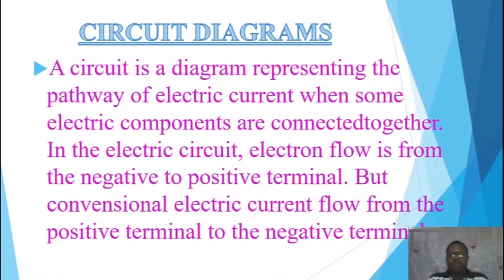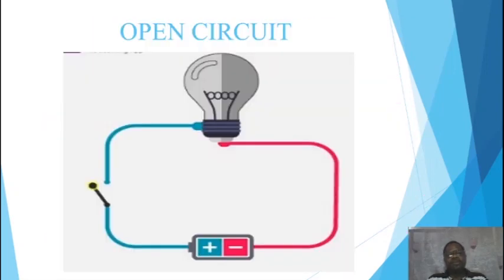You know, the battery has the positive terminal and the negative terminal. So that is why we say that electron flows from the negative terminal to the positive terminal, but the current flows the other way around. So the current flows from the positive terminal to the negative terminal. What you should understand here is that the direction of flow of electron is opposite to that of the flow of current.